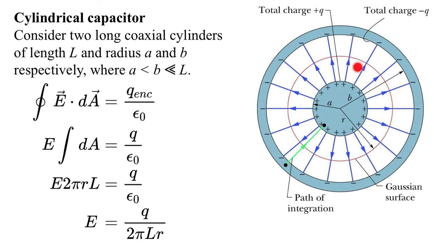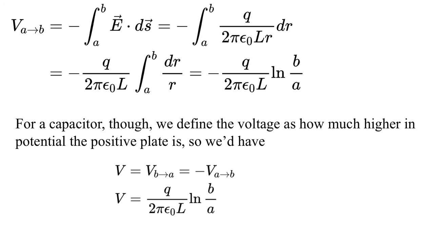If we pick a fixed distance r, E is fixed, so E dot dA becomes just E dA, and we take the E outside the integral. And of course, the enclosed charge is just Q. The area of the cylinder, remember, is 2 pi r times the length of the cylinder. And so the electric field is Q over 2 pi epsilon naught L times r. And that's good Gauss's law practice if you didn't remember it.